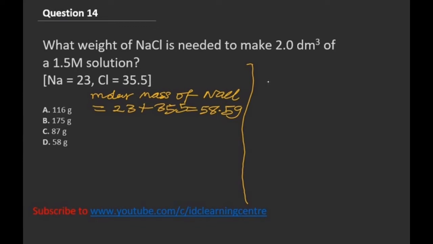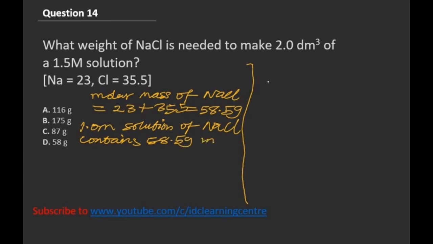So a 1.0 mole solution of sodium chloride contains 58.5 grams in 1.0 dm cube solution.